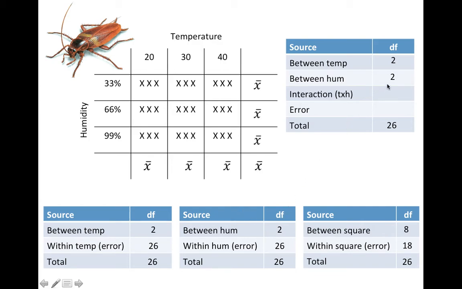The interaction is the trickiest to figure out. So let's first look at the error component. We could also write this as the within square variation or the within combination variation. And combination is a combination of temperature and humidity. And we have actually calculated that as well. It is 18 degrees of freedom.